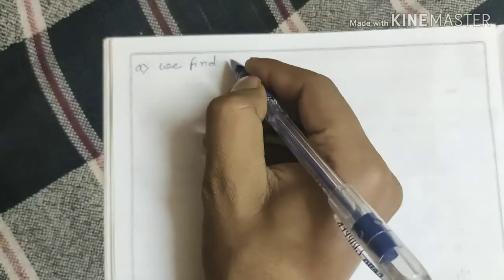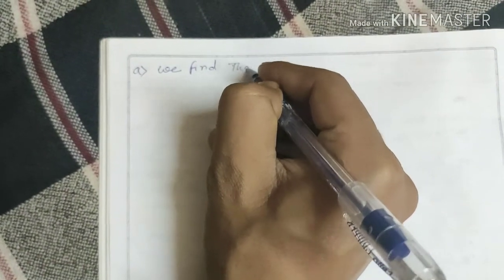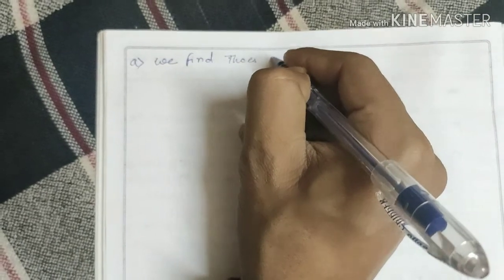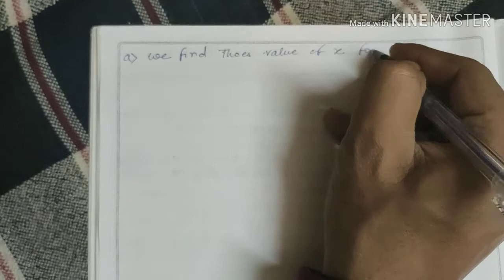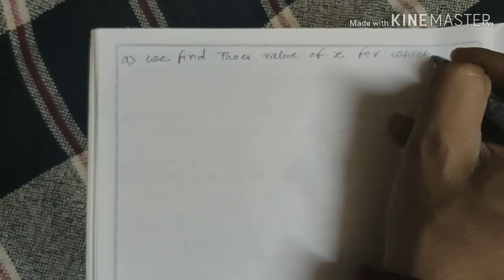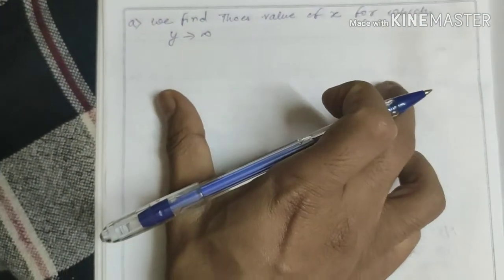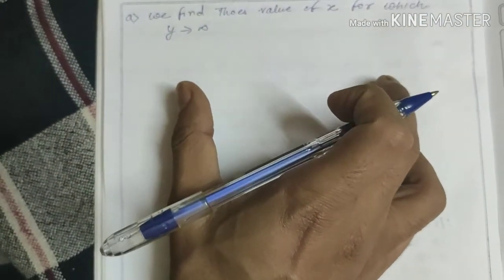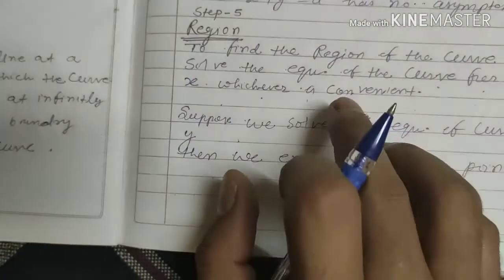We have to find those values of x for which y tends to infinity. This is the first point of a region, to determine how far a curve is going.